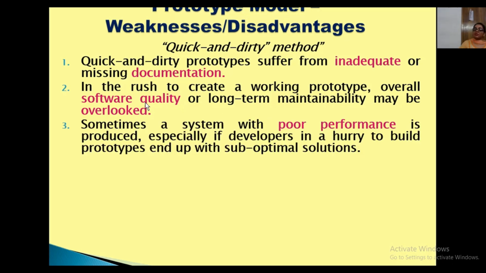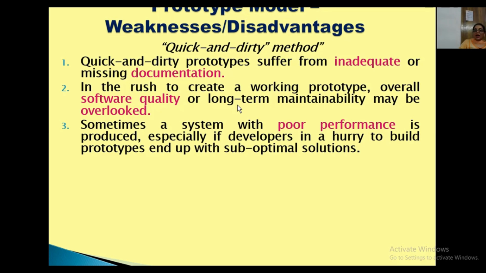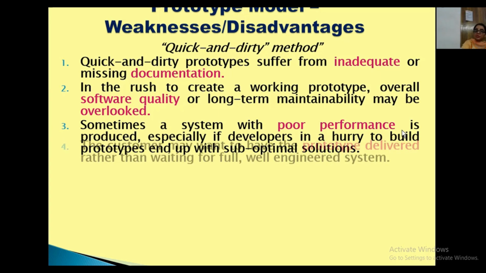Sometimes a system with a poor performance is produced, especially if the developers, in a hurry to build prototypes, end up with suboptimal solutions. In a hurry, generally the performance of the system might become poor as the developers tend to develop it in a hurry. So you can see, number one, inadequate or missing documentation can be there, software quality can be compromised, long-term maintainability can be overlooked, and there can be poor performance due to haste.